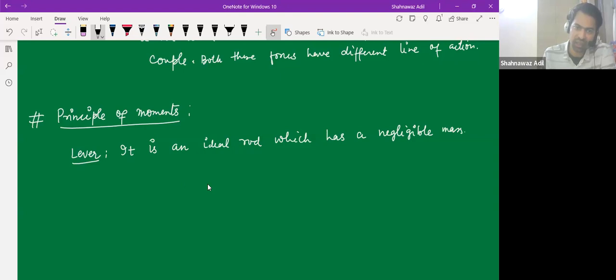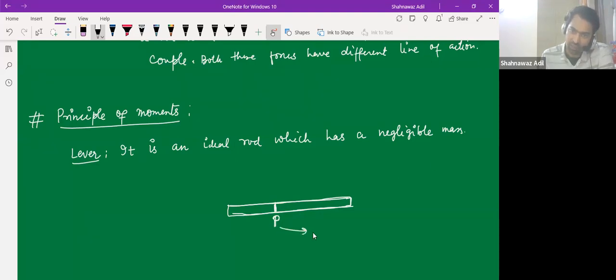This is an ideal rod. The point at which we pivot or rotate this rod, let's say this is point P, is called the fulcrum.